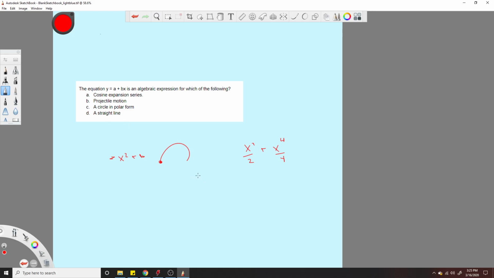Nah, because a circle in polar form would have x squared and y squared values, right? A straight line. Well, is this in y equals mx plus b form? Yeah, it is. It's just different variables. Here this would be the a, and that would be the b. And you can clearly see it's a straight line.